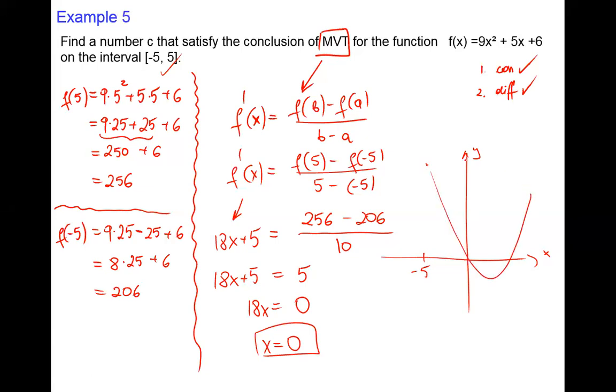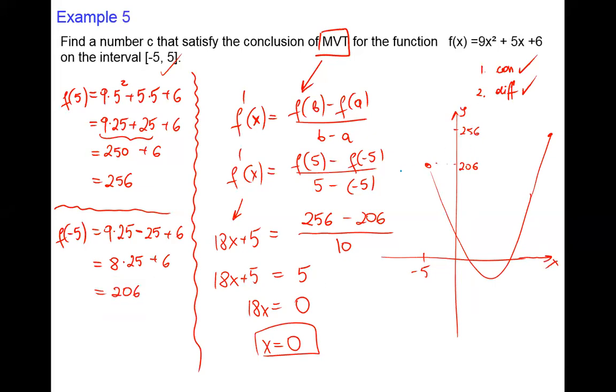Okay, I will draw something like that. Oh no, that must be higher. Okay, this is 206. This is 256. Of course, my scale is terrible, but I don't have room to draw 256 units.